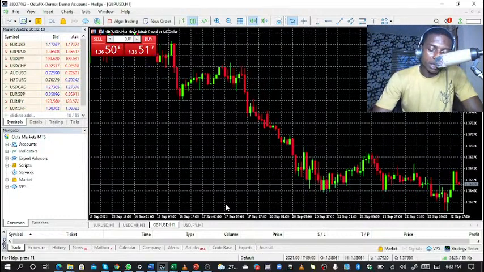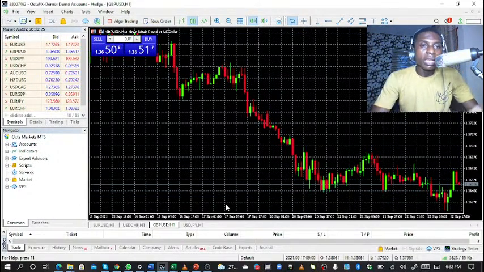Okay, someone is asking, Saint Gabriel is asking, what is the difference between a spread and a pip? Now a pip just shows the percentage change in point, right?